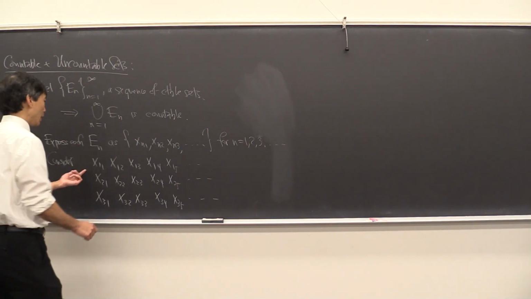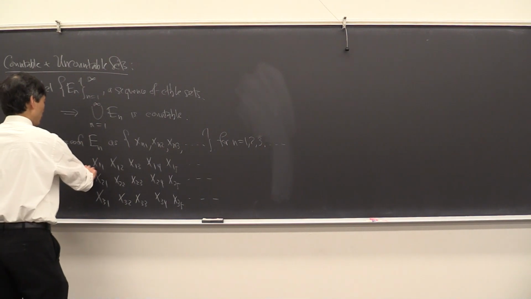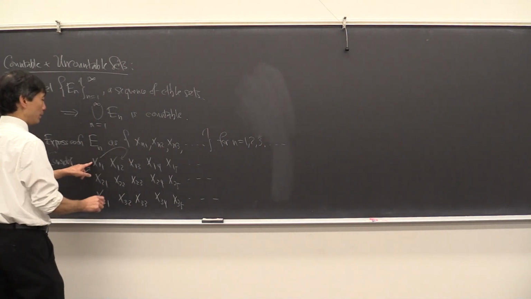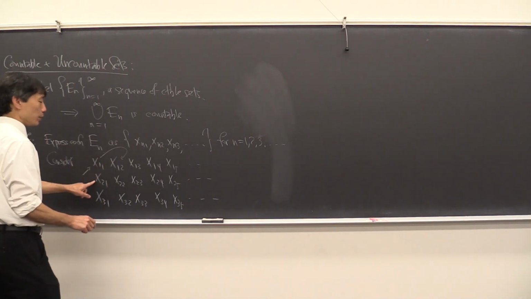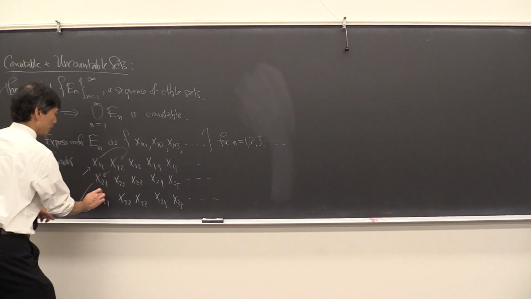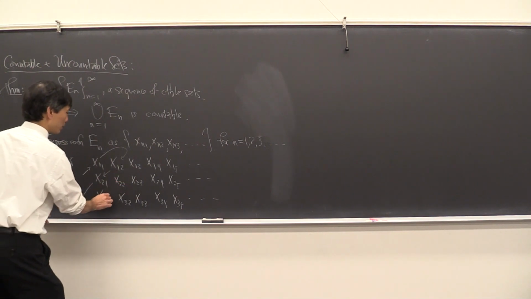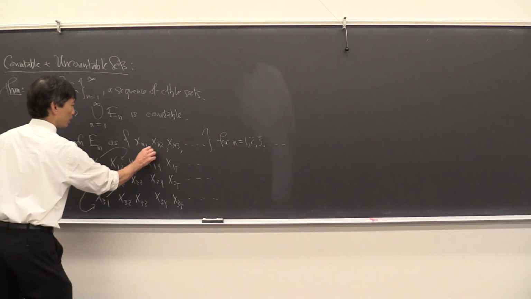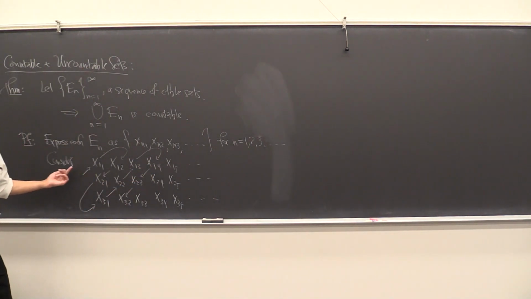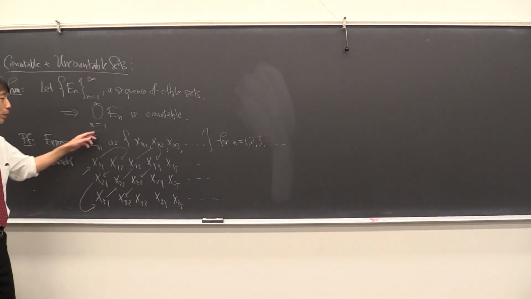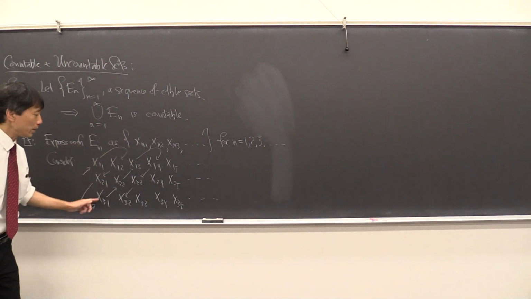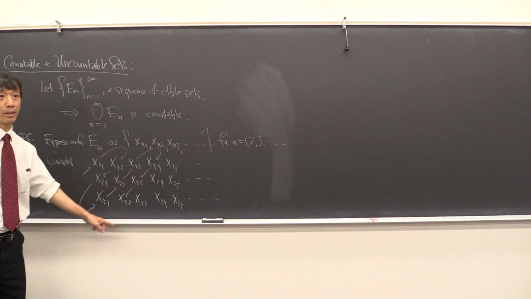Then you create a new list where this one is the first element, this is your second element, this is your third element, and then you loop around like this. This is your fourth, fifth, sixth. So you take all of these lists and you make them into one long list that covers every single element.